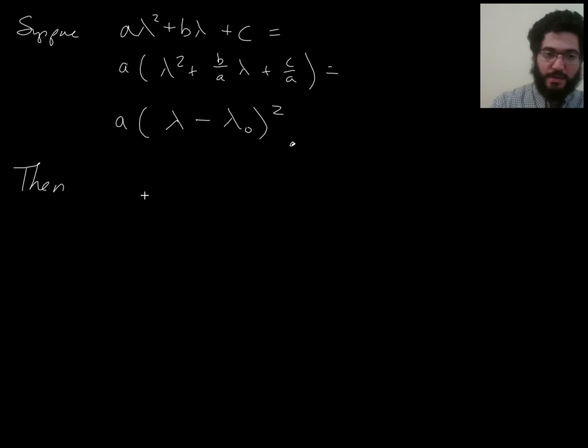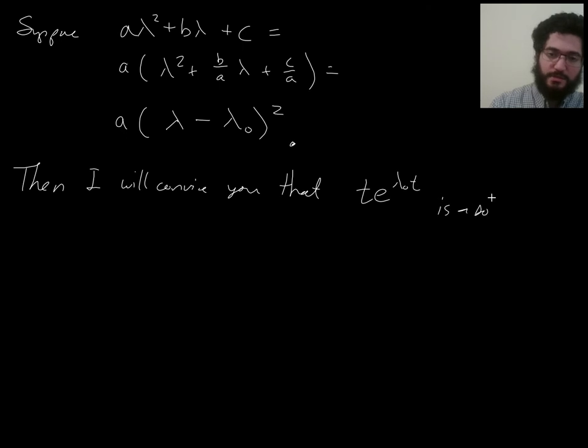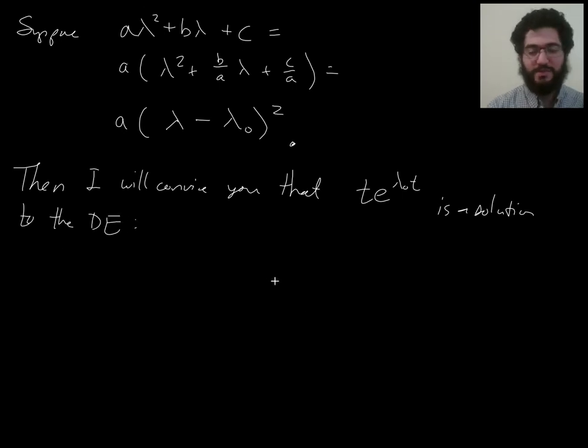Then I claim, and I shall convince you, that t e to the lambda naught t is a solution to the differential equation. So let me convince you of that.